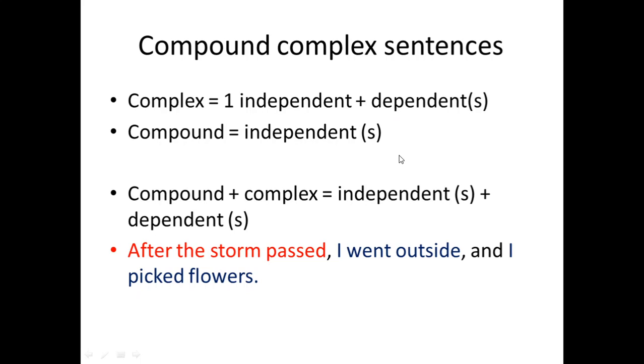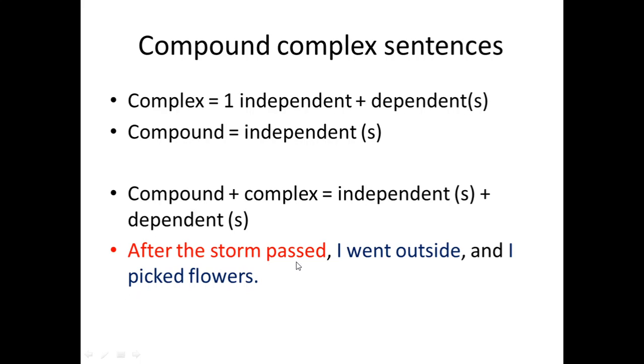So we will take the independent clauses and the dependent clauses, as you could see in here. So in a given sentence, we can have more than one independent clause, and also we can have more than one dependent clause. Okay, so this is what a compound complex sentence is.